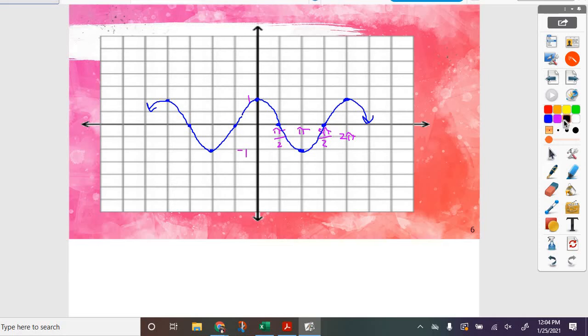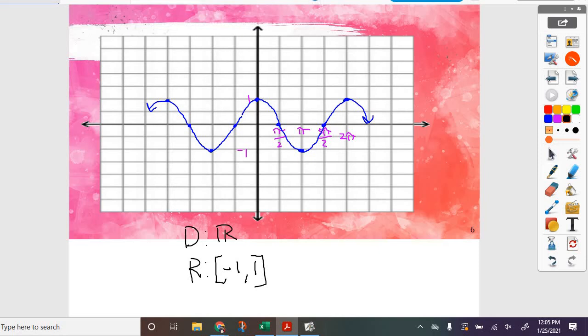So what is our domain for this graph? All real numbers. It's still all real numbers, and our range? -1 to 1. It's still -1 to 1. So that part didn't change. But now, most of the time, for our graphs, are we just going to look at our parent functions when we graph things?